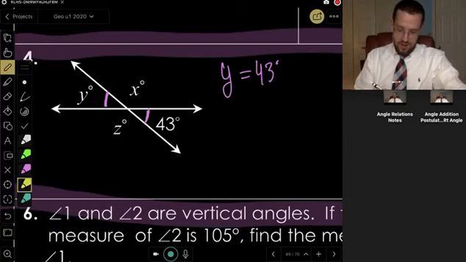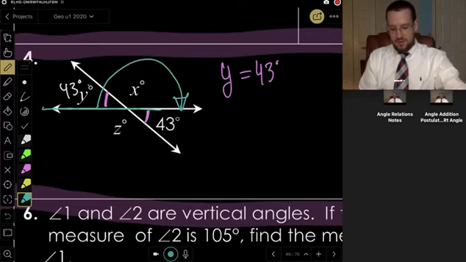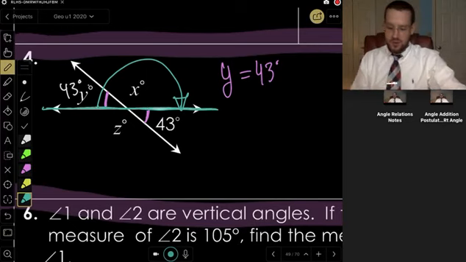Let's look for a linear pair. I know angle y is 43 degrees. What about angle y and angle x? Look at that. These two angles together form a straight line. So how can we find that?